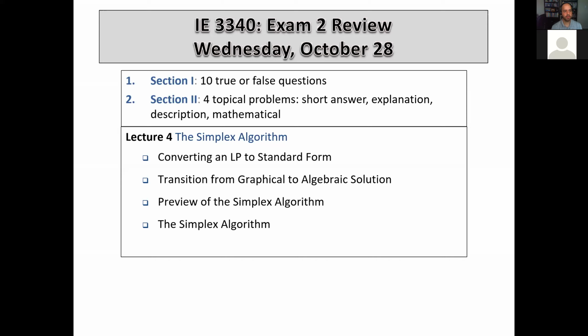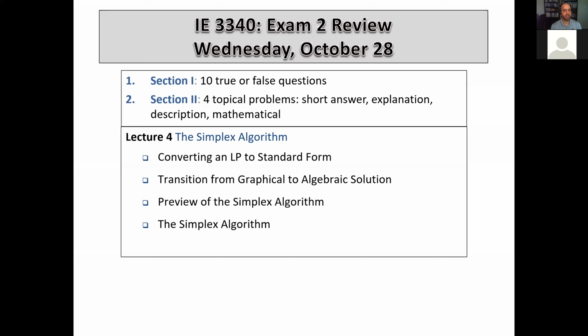Also, we have 2 methods for finding an initial solution for problems that have no initial solution because they don't have slack variables. We discussed the big M method and the two-phase method, so you should expect at least one question per method. I'm going to talk about those in a minute. And then finally, we have a problem associated to the sensitivity analysis. So let's look at the material.